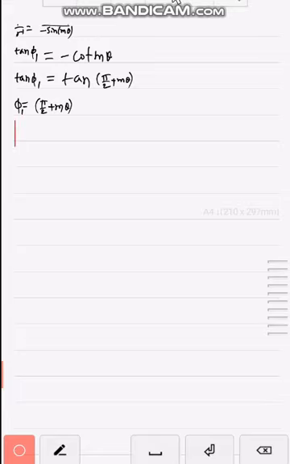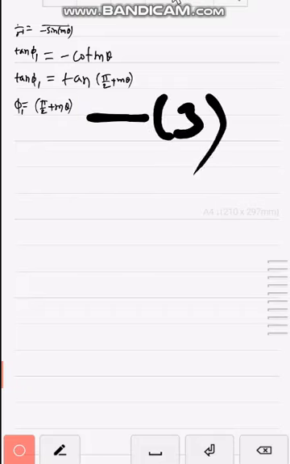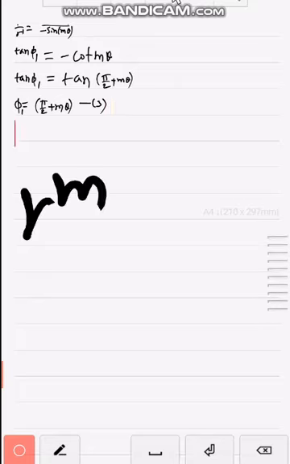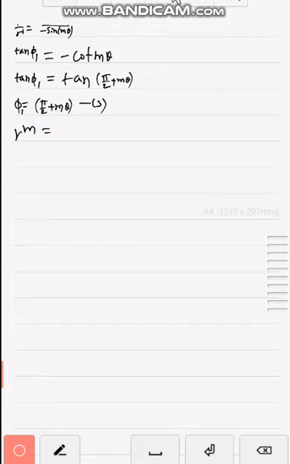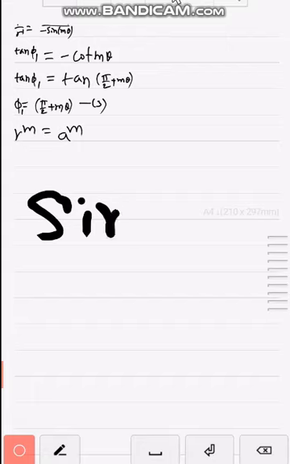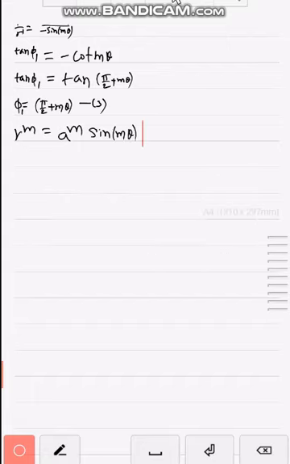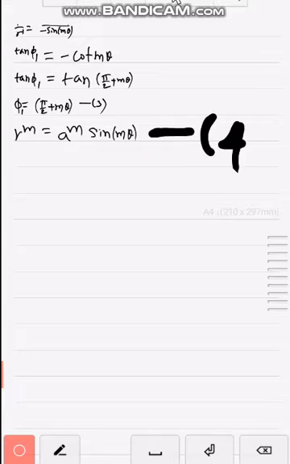Now we shall consider another curve, the second curve. Of course, we let this be equation 3. Now we shall consider another curve, that is r to the power m is equal to a power m sin m theta. And again we call this equation 4.